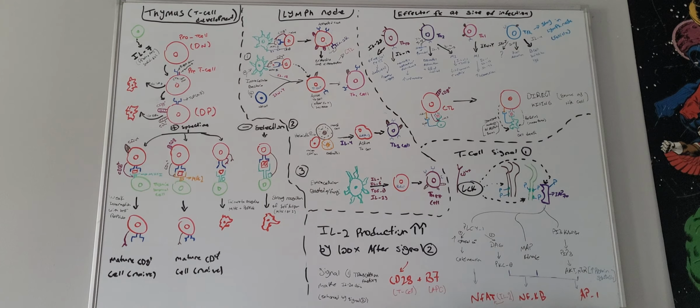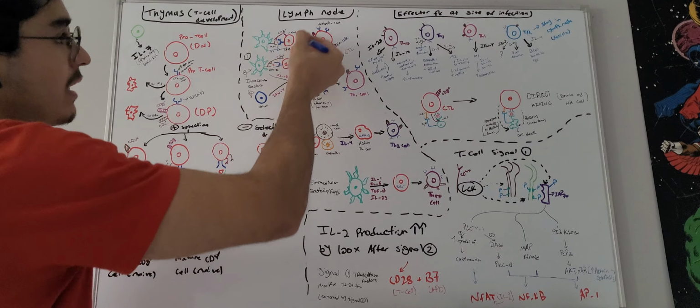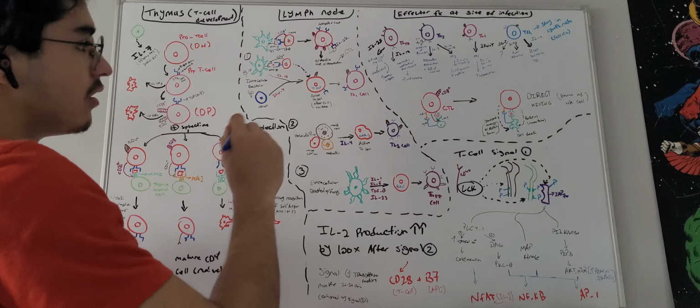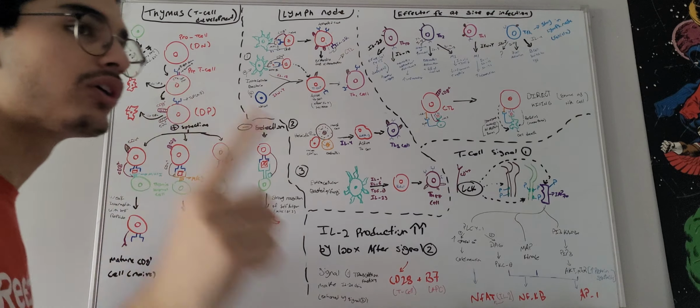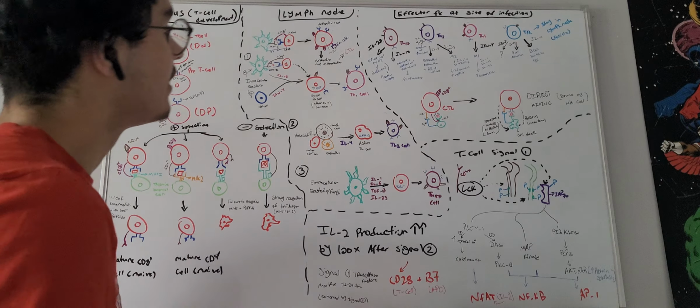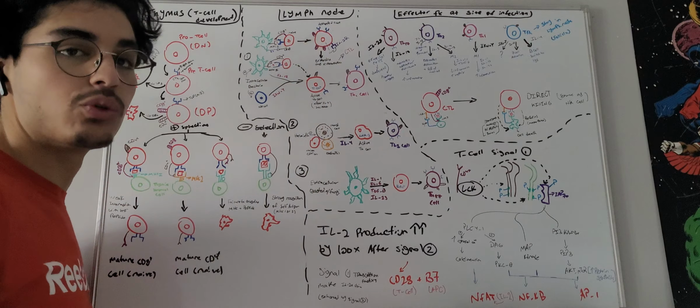You want to know something cool that happens? After we activate this naive T cell, one of the first things it does is express a fully made interleukin 2 receptor.